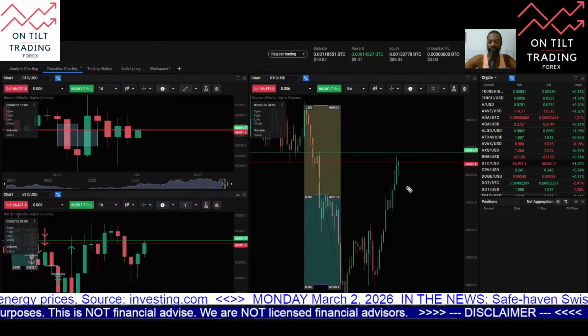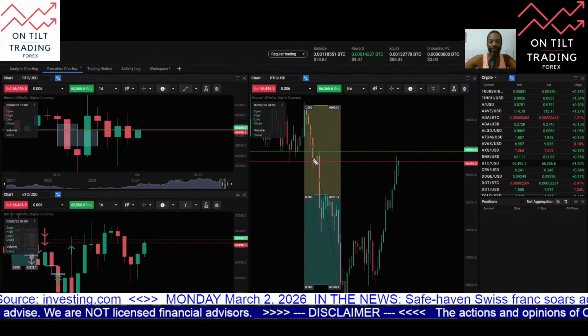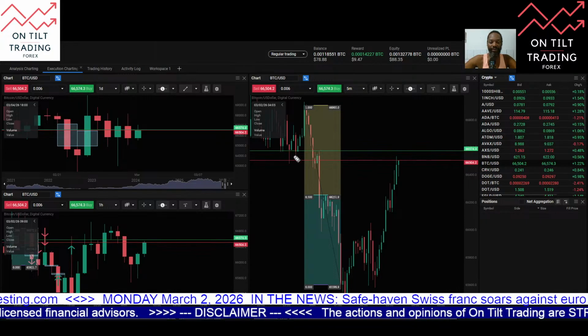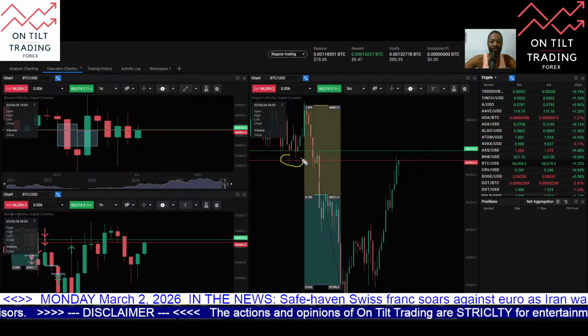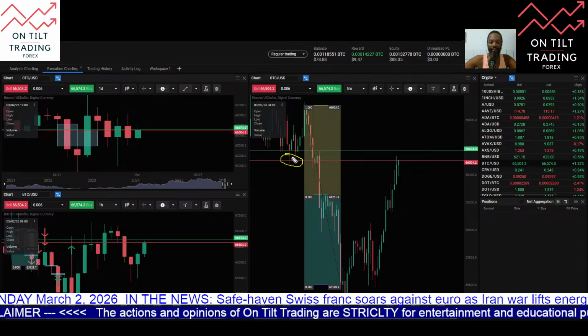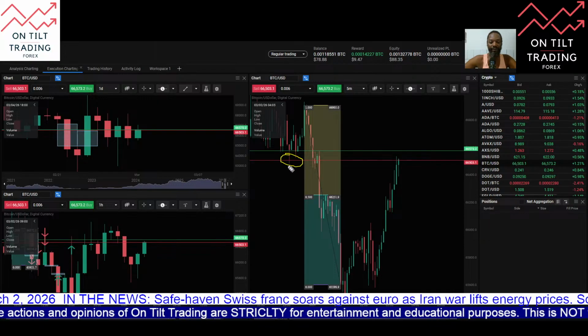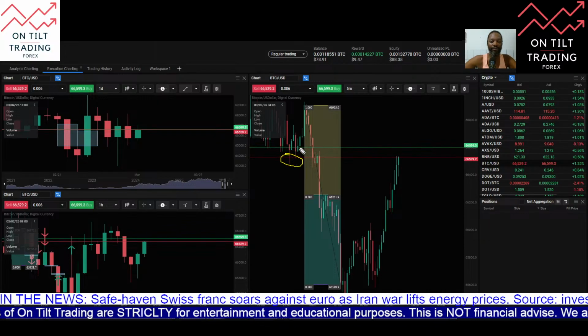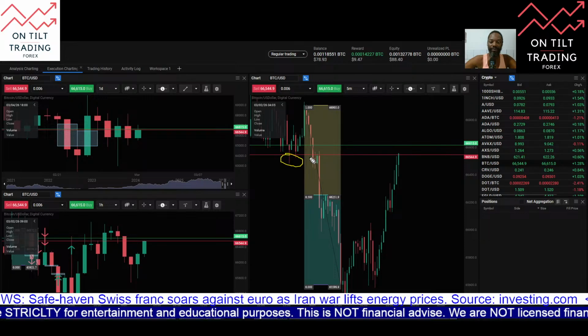So not getting any kind of confirmation, just taking a trade based on a level that was previously made may have little to no impact on current price action.